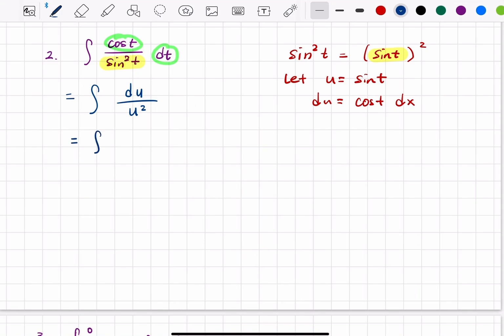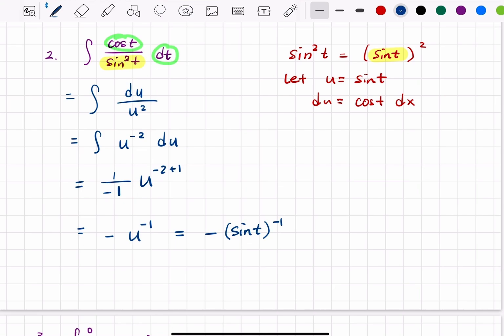But I do not like writing it in fraction form, so I'm going to rewrite it with the negative exponent. Now it is going to be a power rule: 1 over negative 2 plus 1, which is negative 1, and u to the negative 2 plus 1, which is negative u to the negative 1, which is negative sine of t to the negative 1.